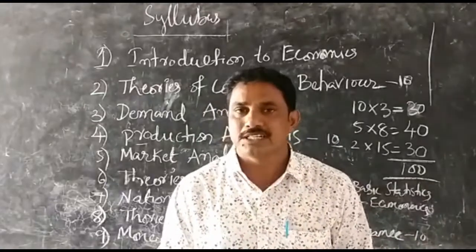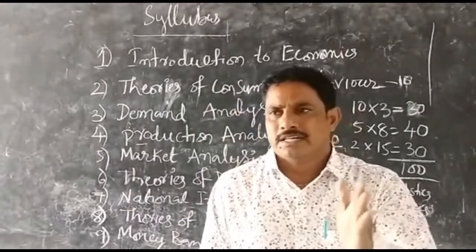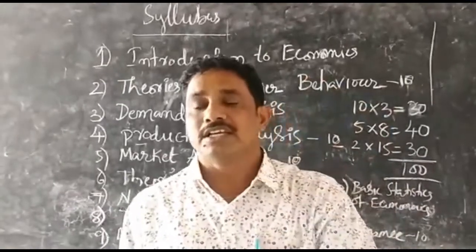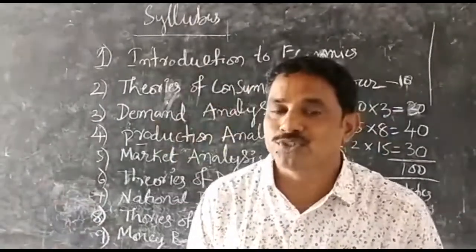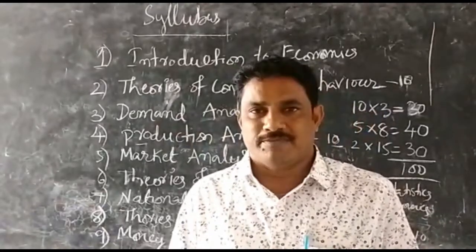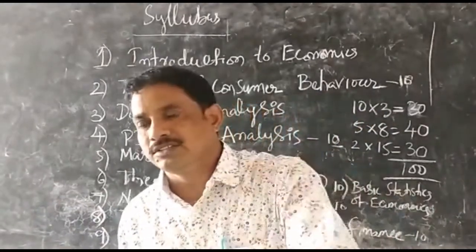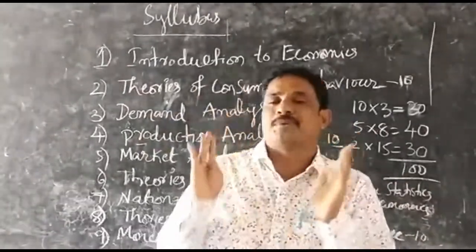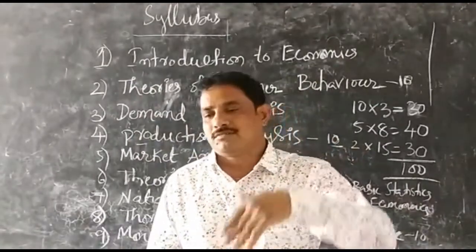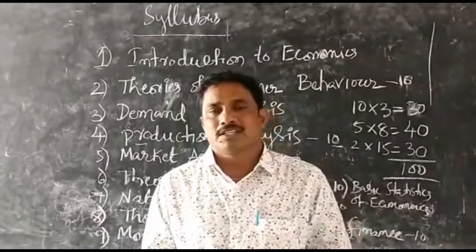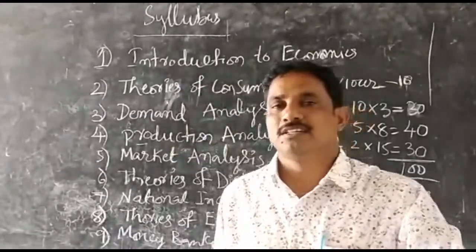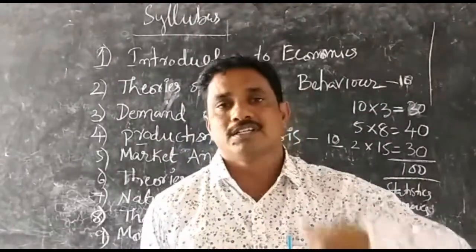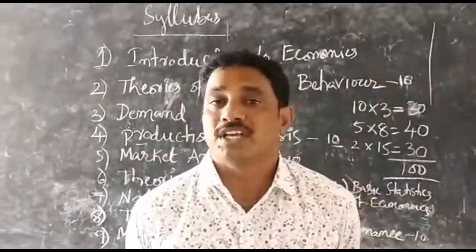For the same good, the rate increased in 2017 to 20 rupees, and in 2018 to 50 rupees. In 2019 the price of the same good is 50 rupees, and it increased in 2020 to 100 rupees.